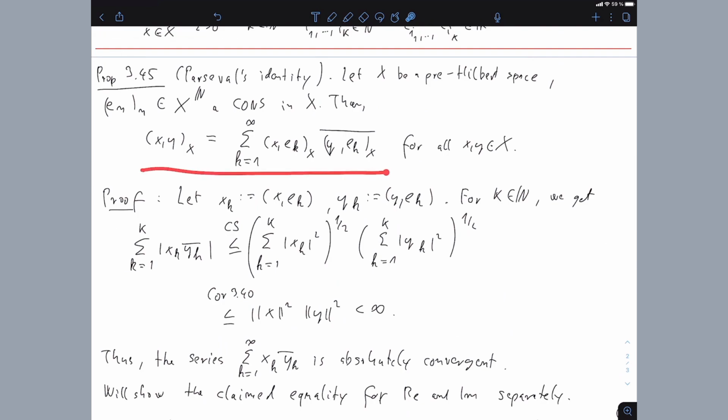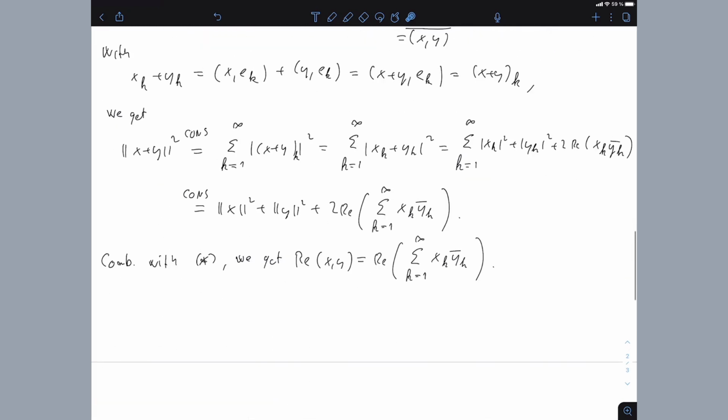We have now shown this equality just for the real part. But fortunately, we can use a simple argument to also conclude the equality for the imaginary part.